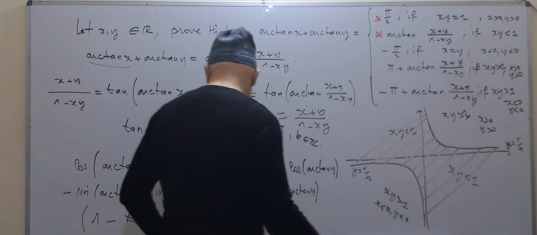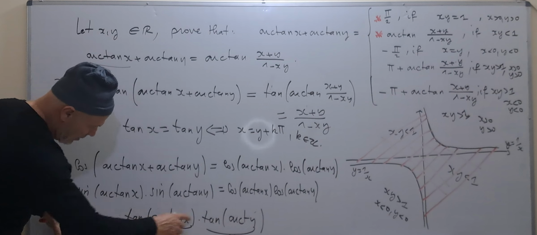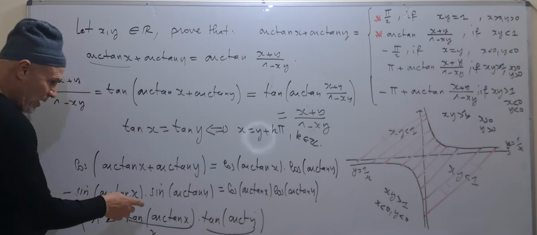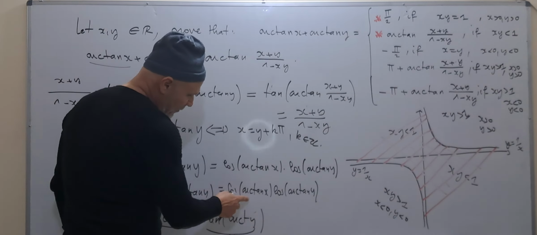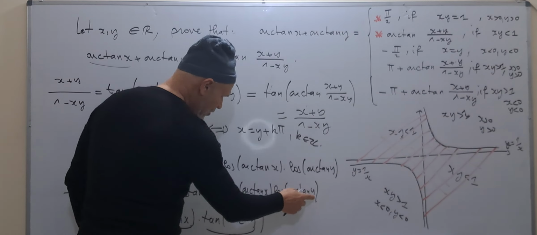We are in this situation. This means that x and y are negative. If they are negative, then 1 minus this product is positive. This is positive, and here what we have is cosine of arctangent x and cosine of arctangent y.